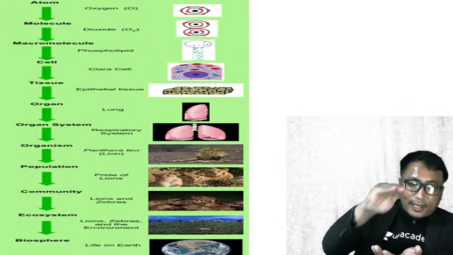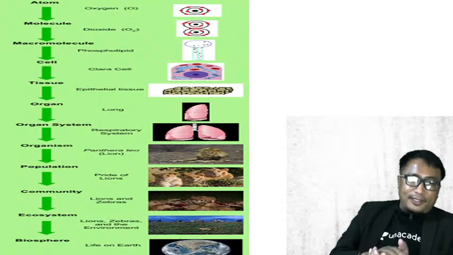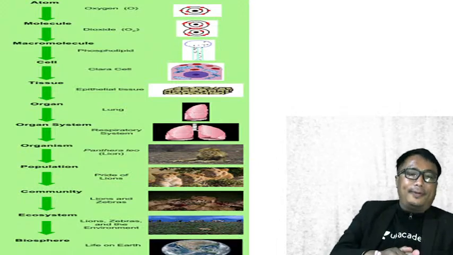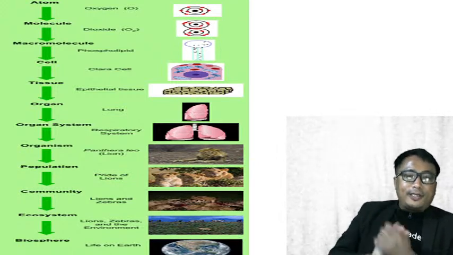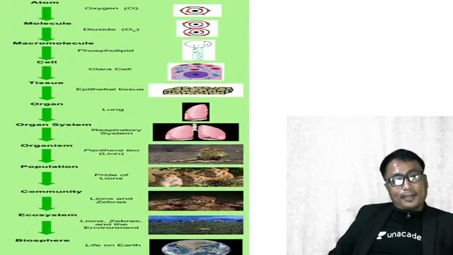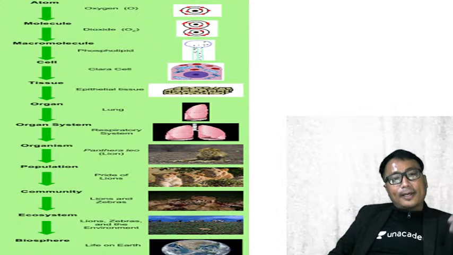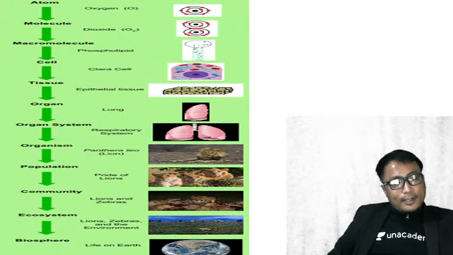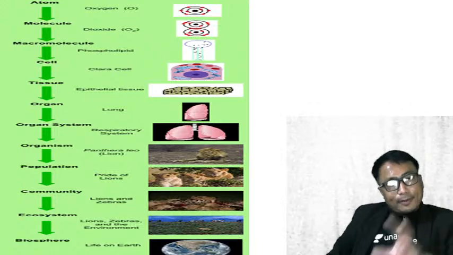From these organisms, next you have the population. Organisms of the same type are known as a population. For example, say one organism, monkey: the collection of all the monkeys can be known as a population. Similarly, human beings.